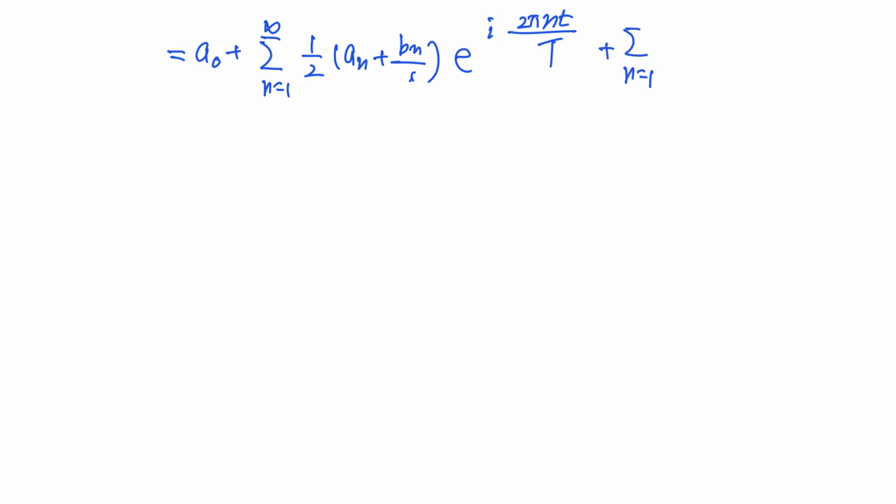It's going to be written as a0 plus the sum from n equal to 1 to infinity of one over 2 times an plus bn over i times exponential i 2 pi n t over big T, plus the sum from n equal to 1 to infinity of an minus bn over i times exponential minus i 2 pi n t over big T.